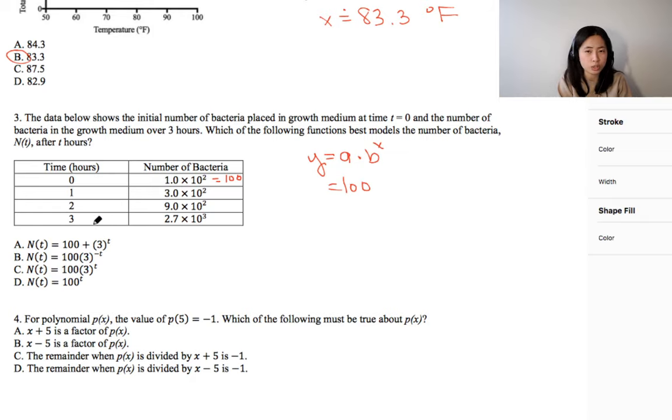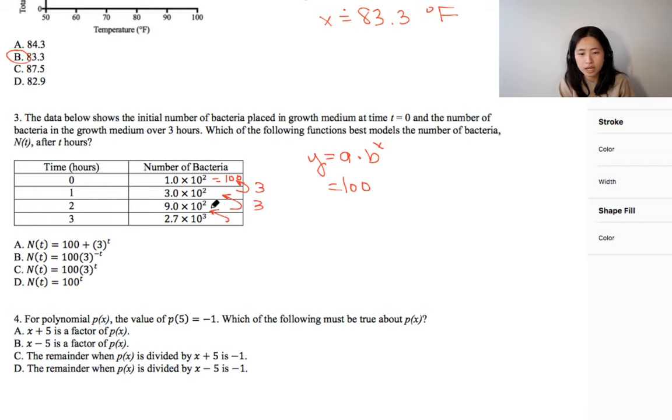And again, you're going to do the exact same thing from time 3 to time 2. So when you divide 3 times 10 to the power of 2 by 1 times 10 to the power of 2, you're going to get 3. Same thing here. If you divide 9 times 10 to the power of 2 by 3 times 10 to the power of 2, you're also going to get 3.